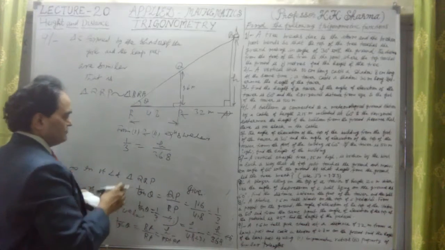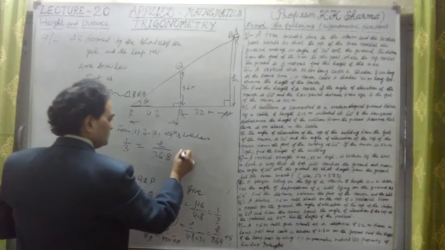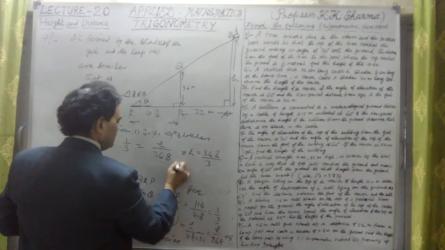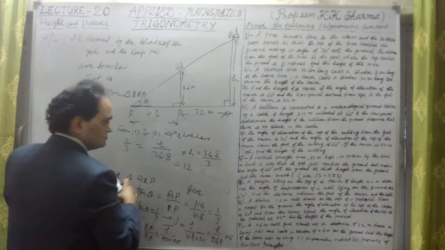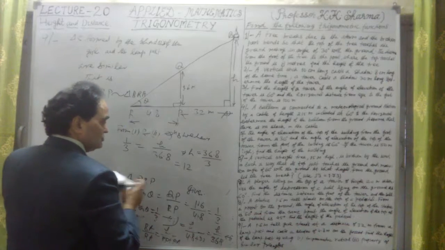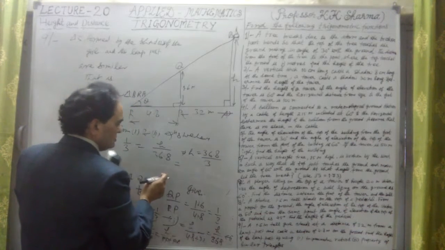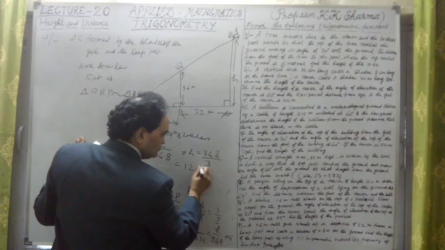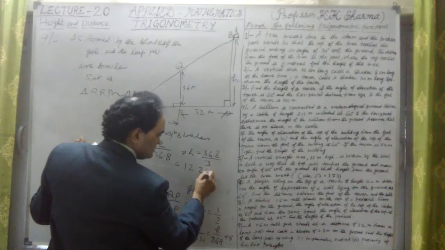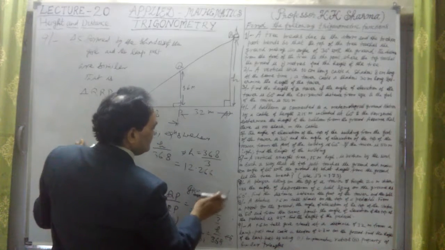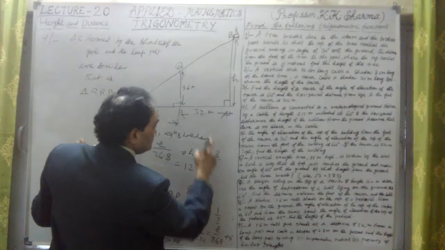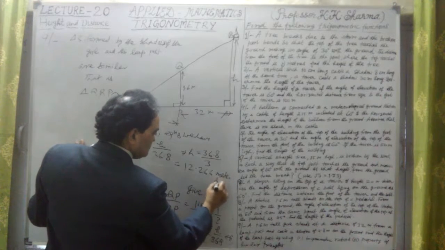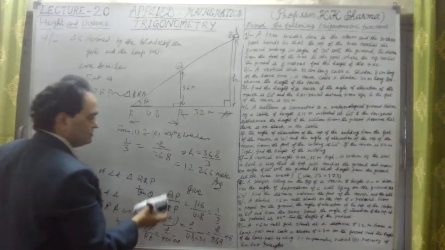Therefore H is equal to 36.8 upon 3, that means 12.26 meter. The height of the lamp post. This is the answer.